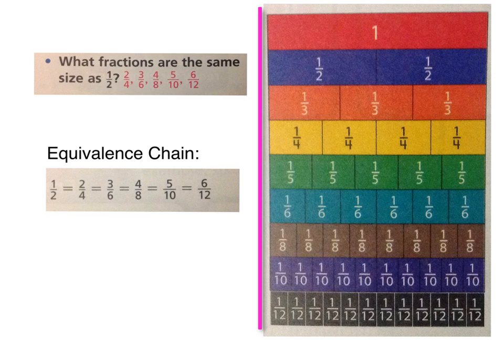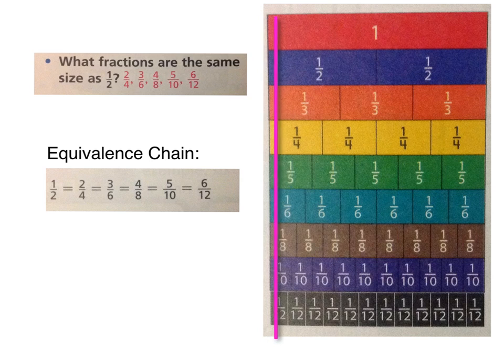If I wanted to find what fractions are the same size as 1/2, I could move this pink line to the right edge of 1/2 and look for pieces in different rows that match or are the same size as 1/2.